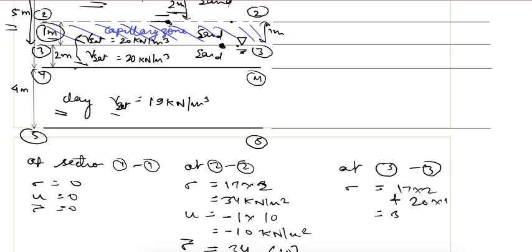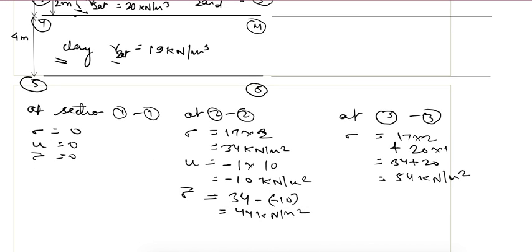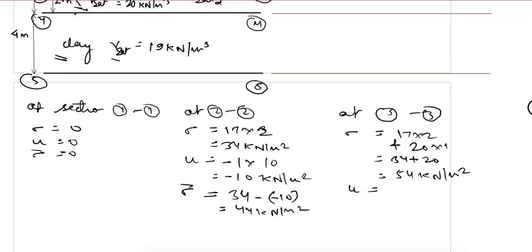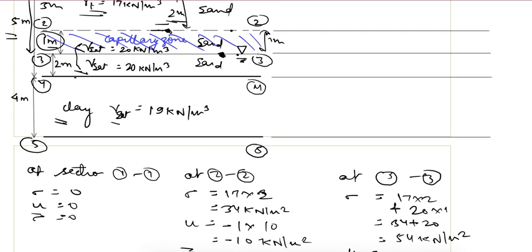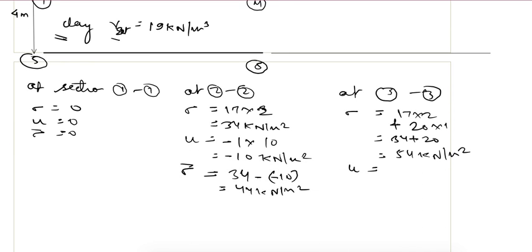So 34 plus 20 is equal to 54 kilonewton per meter square. And from here U is equal to, at this level we are at the water table. At the water table the pressure is atmospheric, and when pressure is atmospheric then pore water pressure is equal to 0. Effective stress here is equal to total stress, that is 54 kilonewton per meter square.